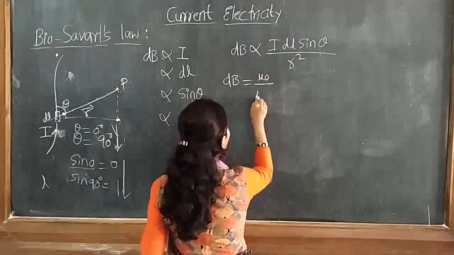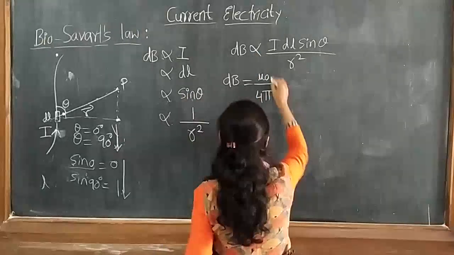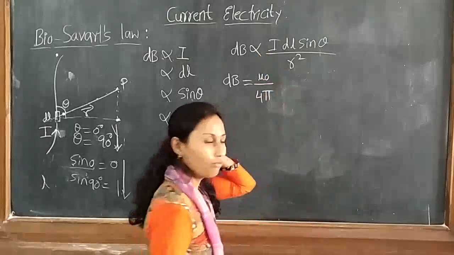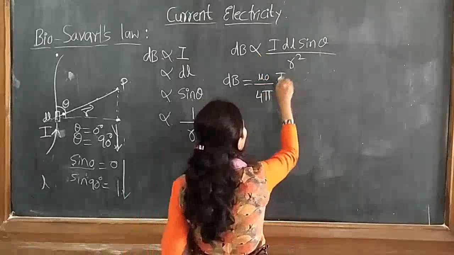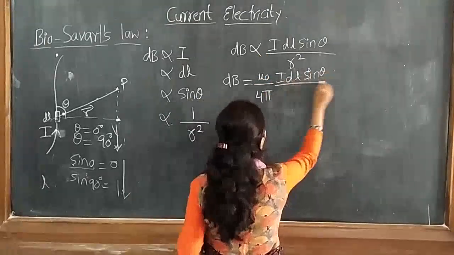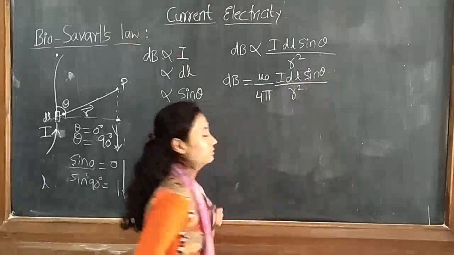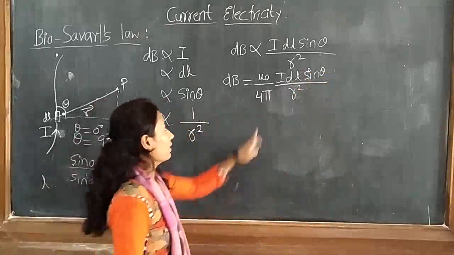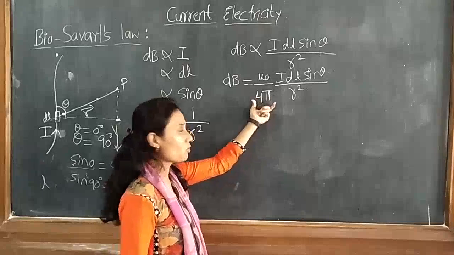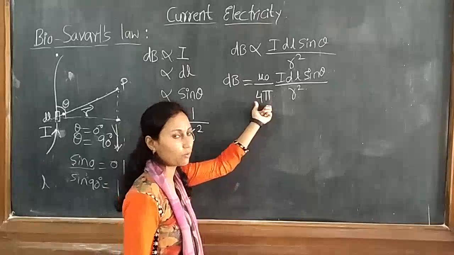That is nothing but mu naught by 4 pi. The proportionality constant is how much? Mu naught divided by 4 pi into I dl sin theta divided by r square. Here, 4 pi is a numerical value, a constant quantity, 4 into 3.142.